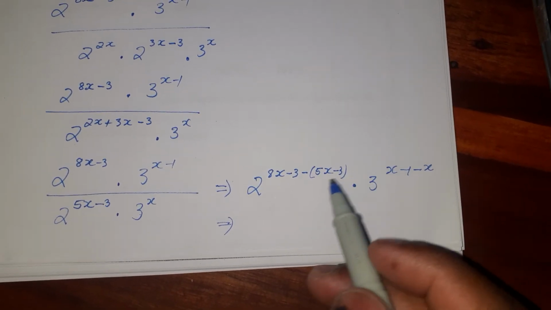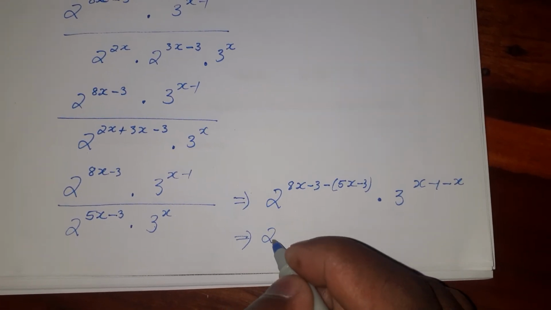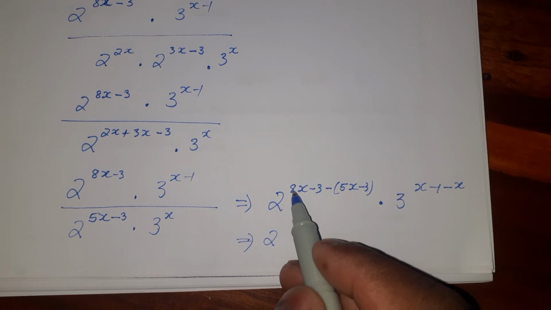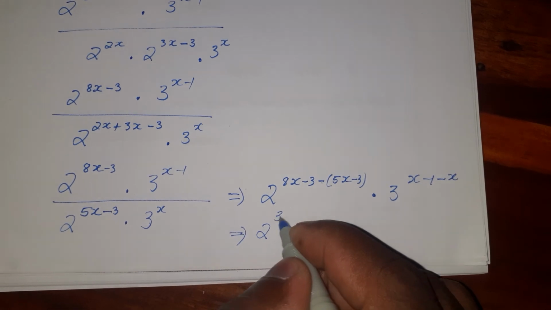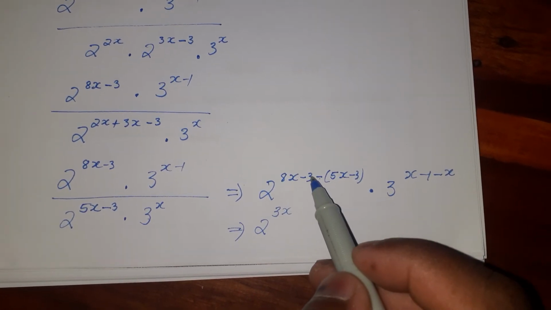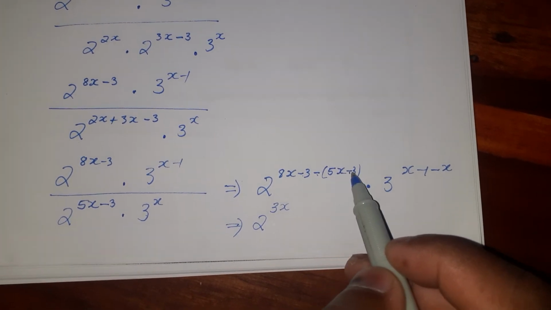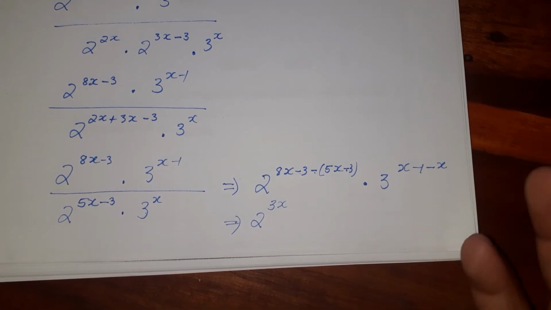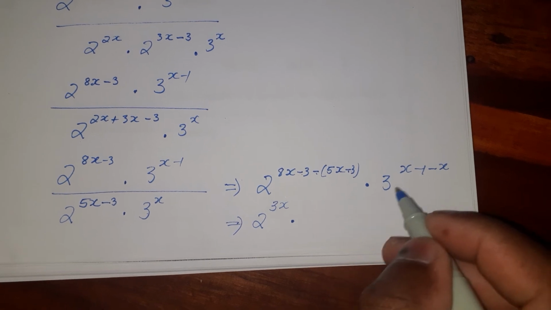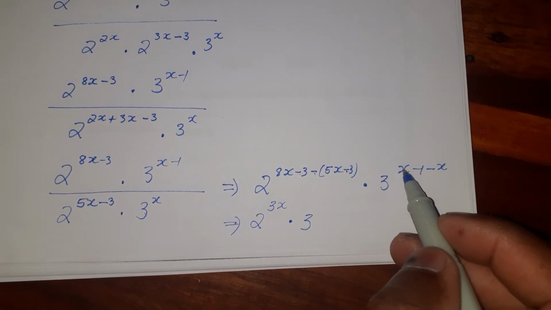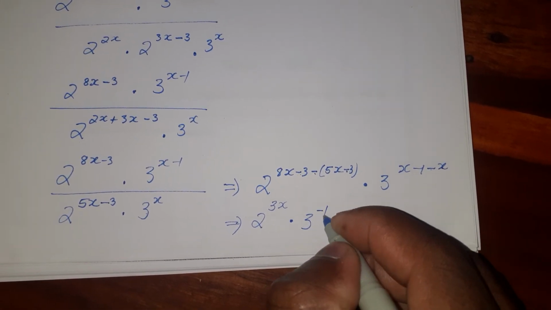Now 8x minus 5x, we get 3x, and this negative and that negative becomes positive, therefore we have plus 3. Minus 3 plus 3 is 0, therefore we multiply by that. Now here we write the 3, x minus x is 0, and then we only have minus 1.